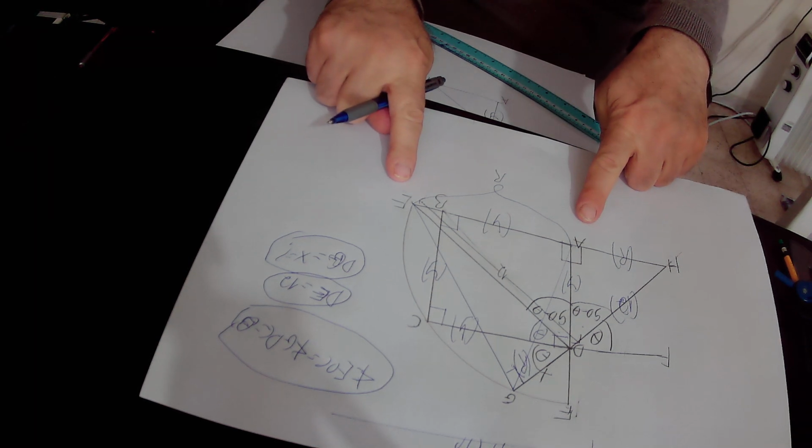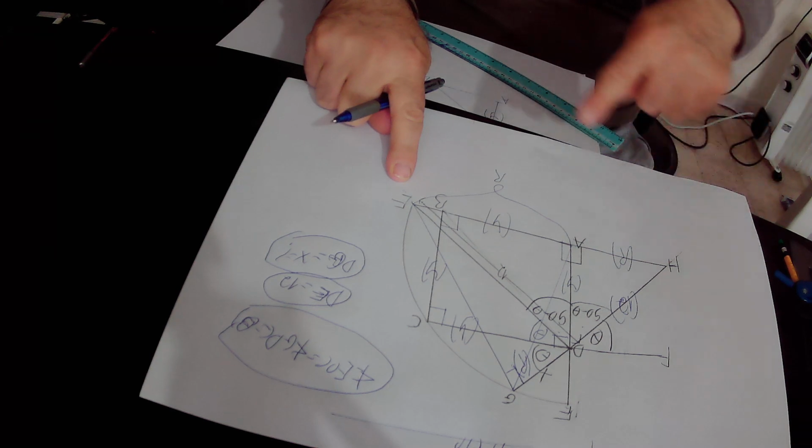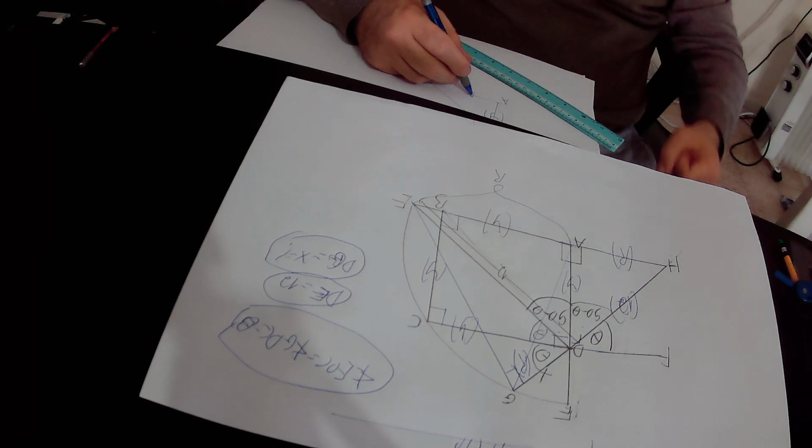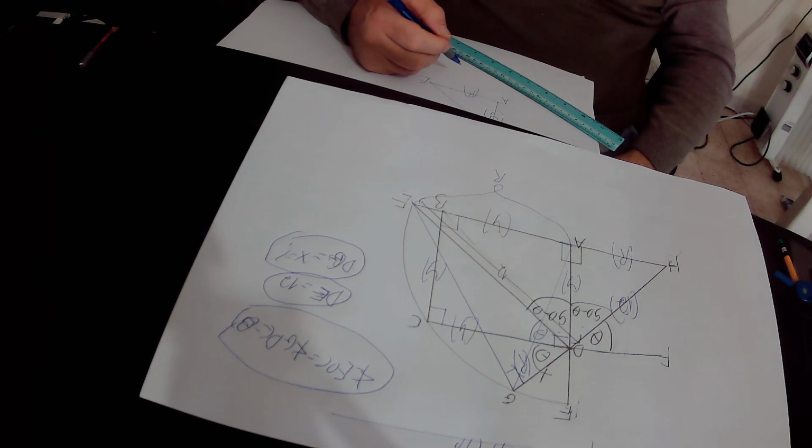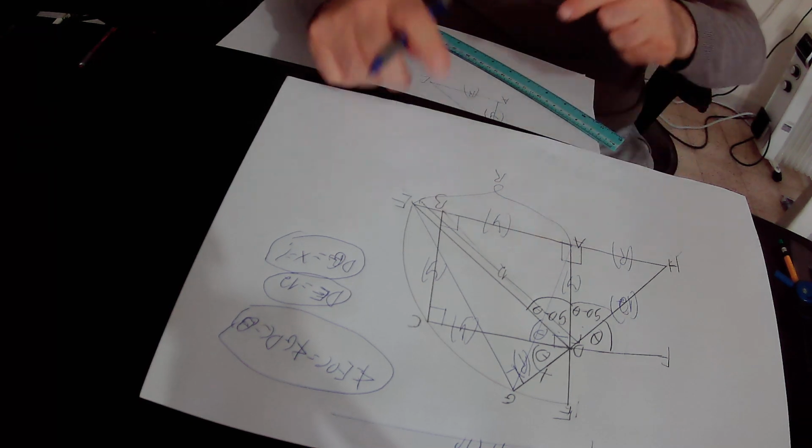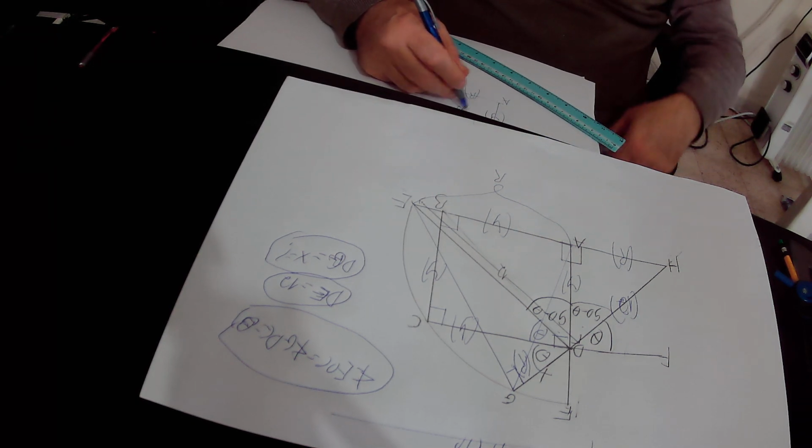AE is the radius of the circle that will be created by completing this quarter circle to a circle, so it equals capital R. And DE equals 12 units according to what is given in the question.